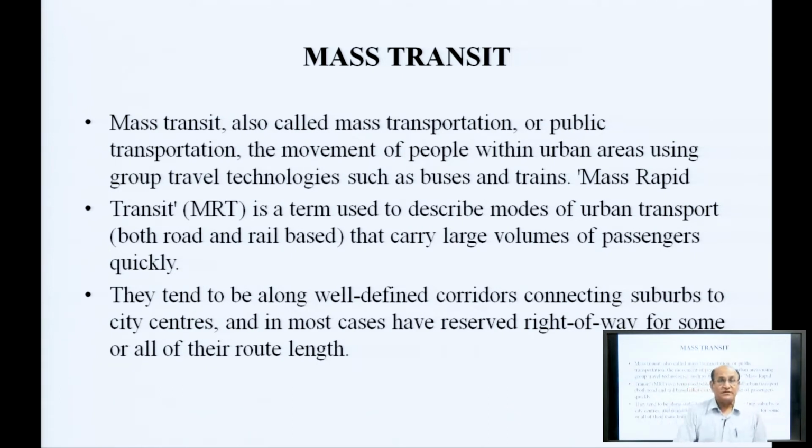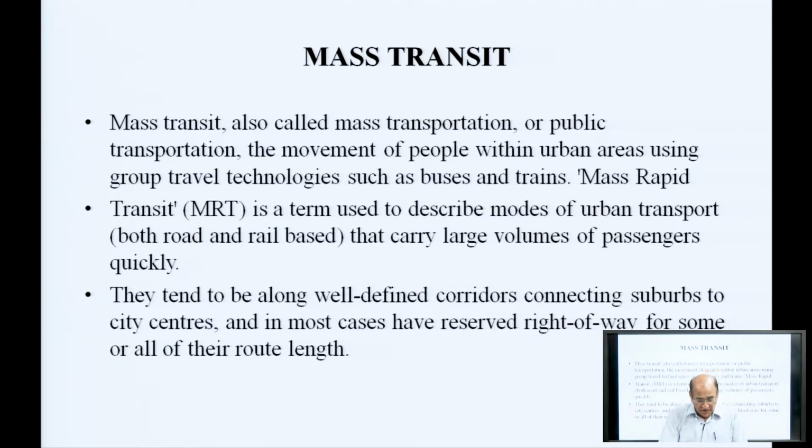Mass transit, also called mass transportation or public transportation, is the movement of people within an urban area using a group of travel technologies such as buses or trains. Mass rapid transit, MRT, is a term used to describe modes of urban transport, both road and rail based, that carry large volumes of passengers quickly.